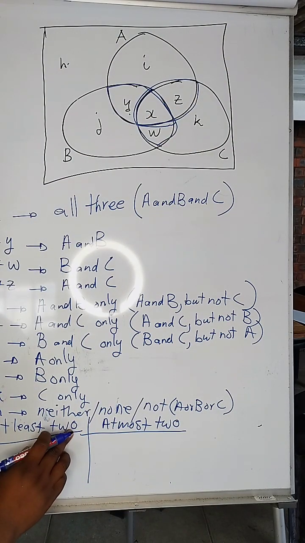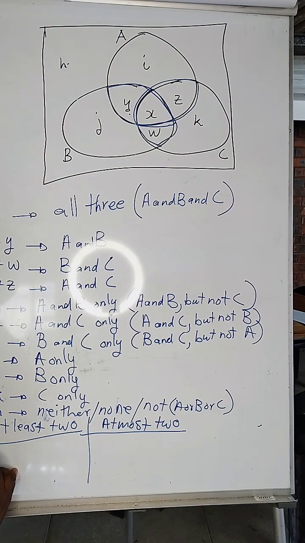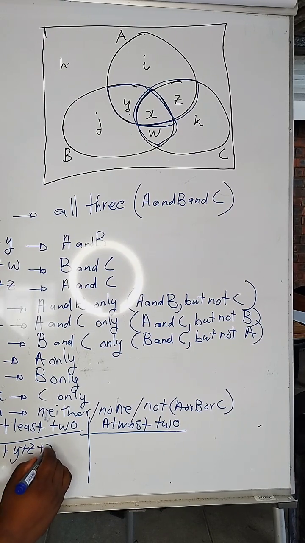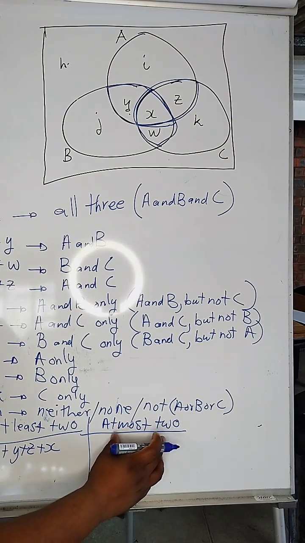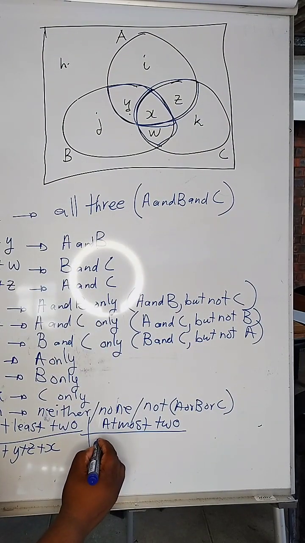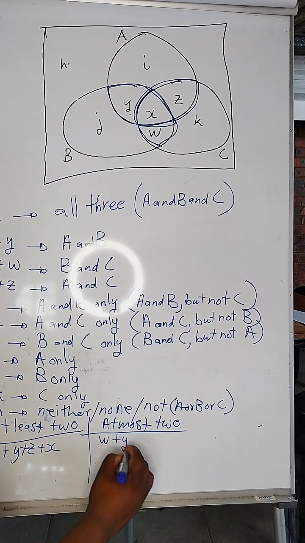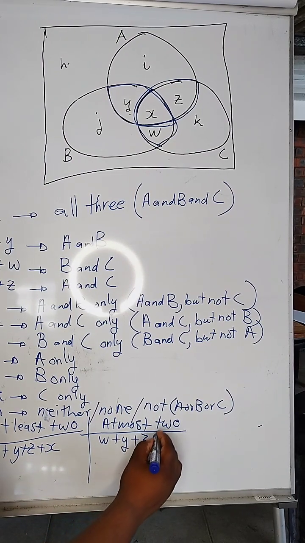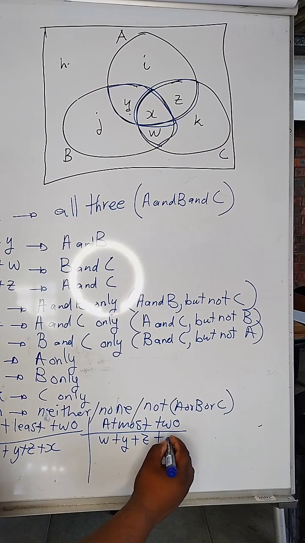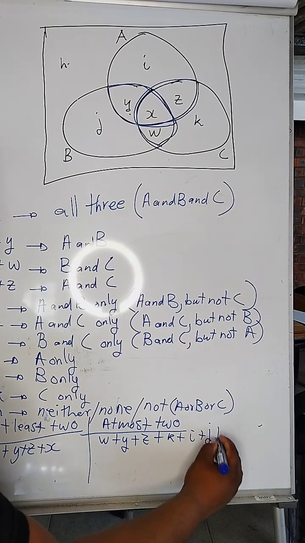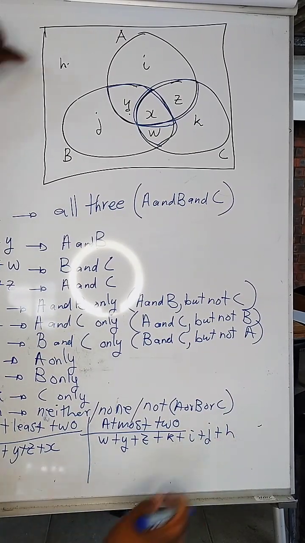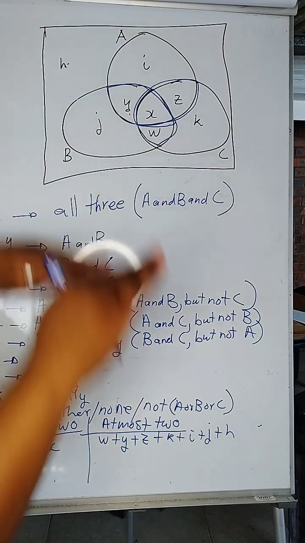Here, for at least 2, I will have W plus Y plus Z plus X. That's what I'm having, okay? But for at most 2, that means I'll have W plus Y plus Z plus K plus I plus J and plus H. You include this because I'll start from the maximum going to nothing.